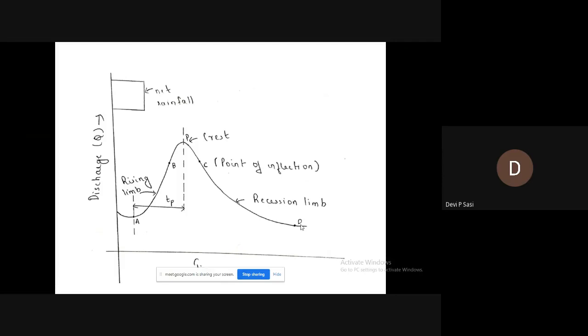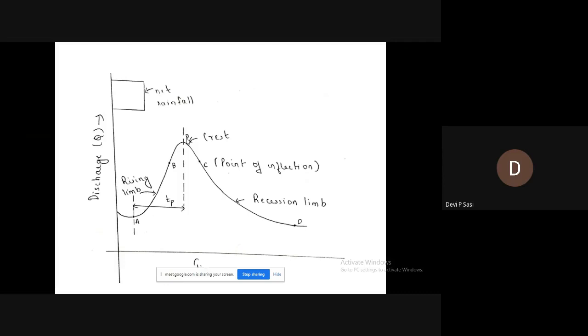The hydrograph of an isolated storm will be a single peaked hydrograph.